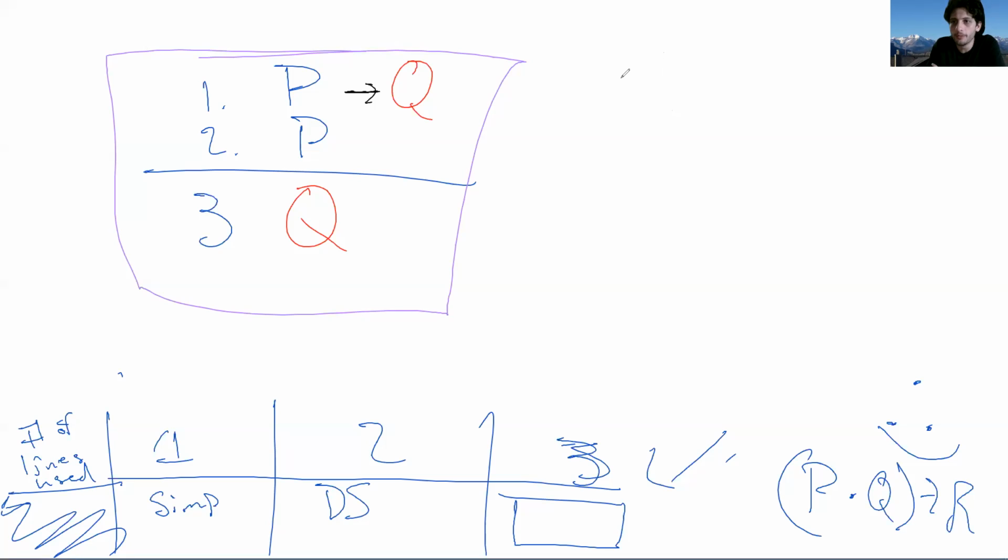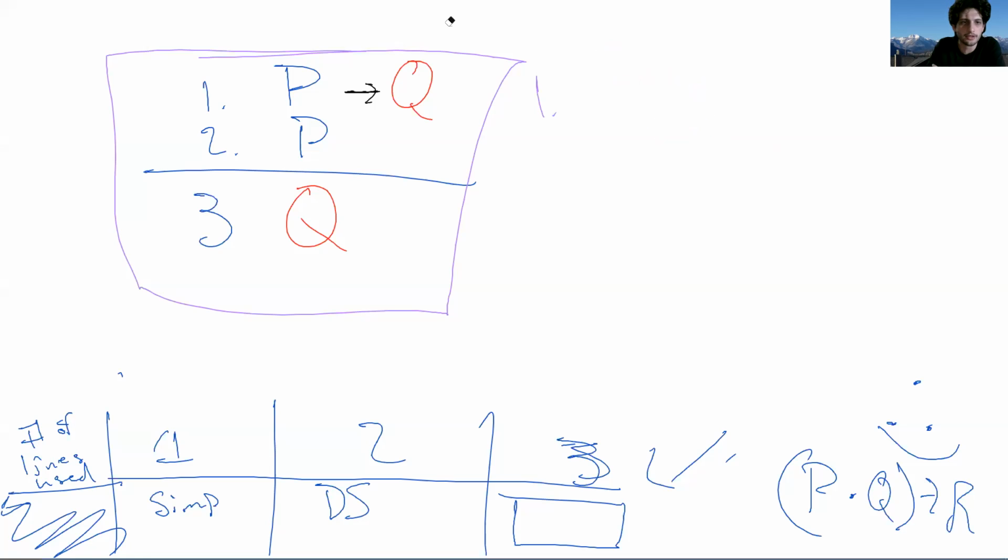We still need them. For instance, if we ever have premise 1 saying something like P, and remember, whenever I say P, this could be as complicated as we want. It could be P and Q or R, and we're just going to treat this as a block. I'll do an example of that in a moment.